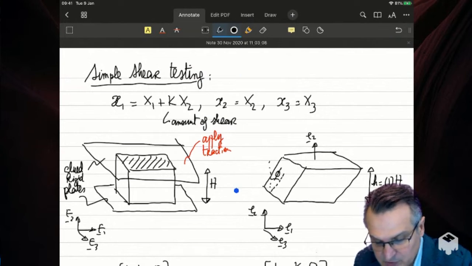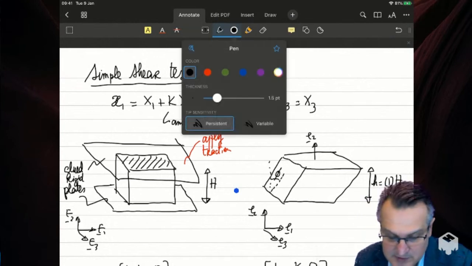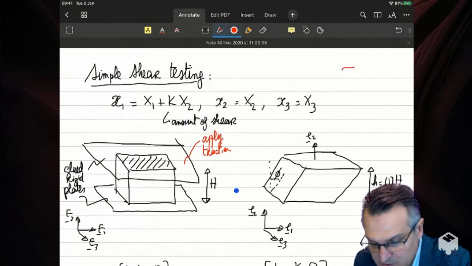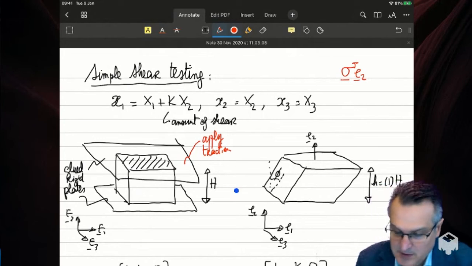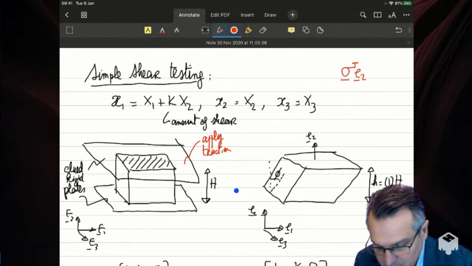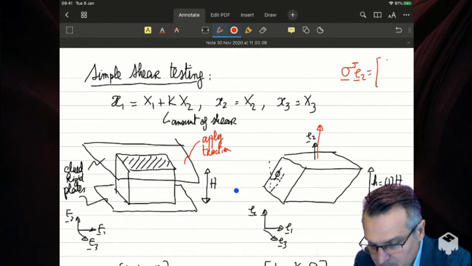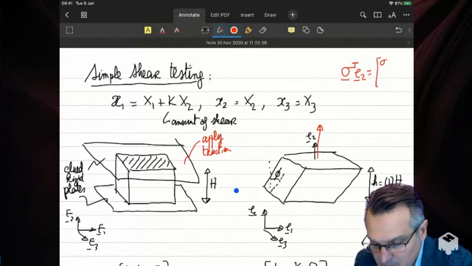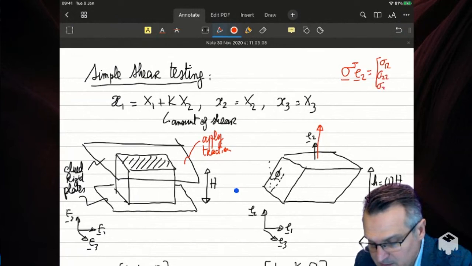So the traction, I'm going to write it in the current configuration, is going to be sigma times E2, right? It's going to have 3 components: sigma 12, sigma 22, and sigma 32, or sigma 23.